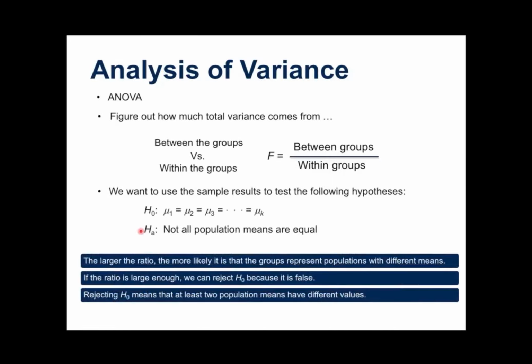So we want a very large ratio here, which is going to help, as I shared before, control for the variance that I can attribute within the group and make me see the variation that's between the groups. And then we want to reject the null hypothesis, meaning that at least 2 populations are significantly different.